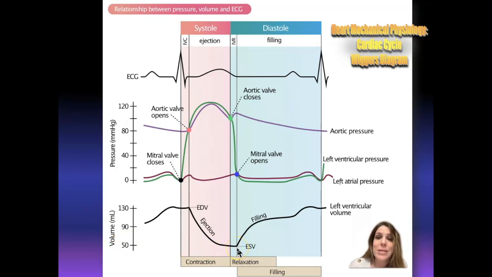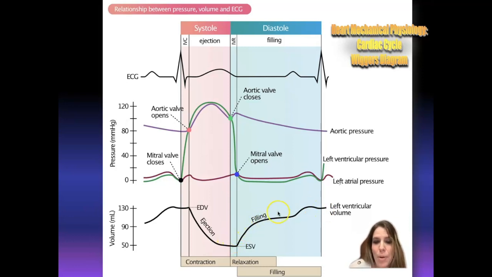Now that it's in diastole, those atria are going to start draining the blood into the ventricles. In other words, the volume is going to start increasing as it fills with blood, and we see that on the chart here. It's going to keep increasing all the way until we get to the end of ventricular diastole, and now it's filled up and ready to start contracting.